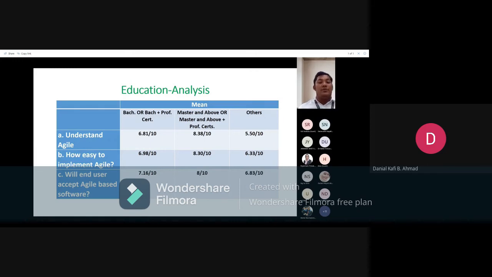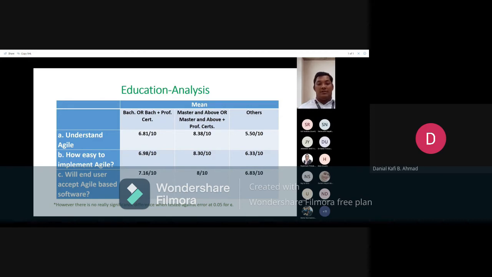And going to the last parameter, which is C, 7.16 over 10 for bachelor plus professional certification, and then 8 over 10, which is high, for masters, and others 6.8. But based on the analysis, only A and B are significant, but not C. So that means the level of education plays an important role in making IT practitioners understand agile, and in having thoughts on whether it is easy to implement agile.